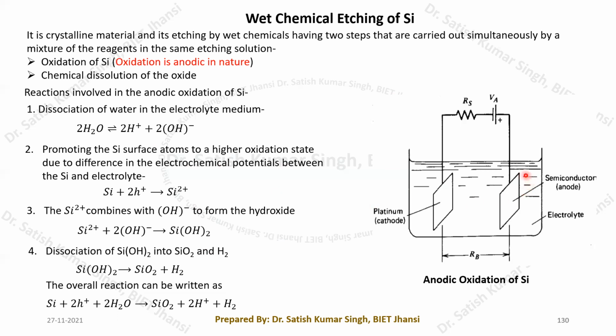So whenever we have this silicon, I have explained that when it is p type, it is very easy to understand. But whenever it is an n type wafer surface, achieving oxidation of the surface is much more difficult.